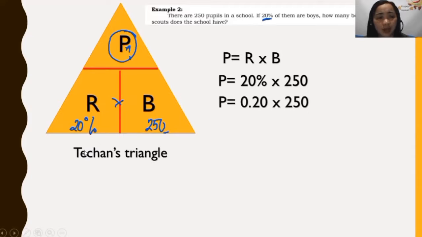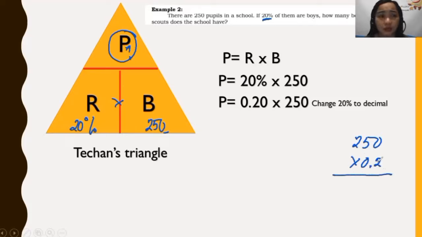So, that will become 0.20 times 250. So, now, let us multiply. 250 times 0.20. Pwede mo nang gamitin yung 0.2. Pwede mo nang alisin yung 0 sa dulo.